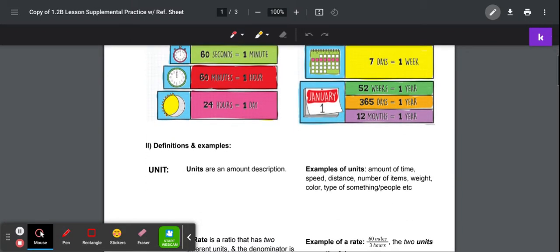So some definitions and examples. A unit is a description of an amount. So units are an amount description.